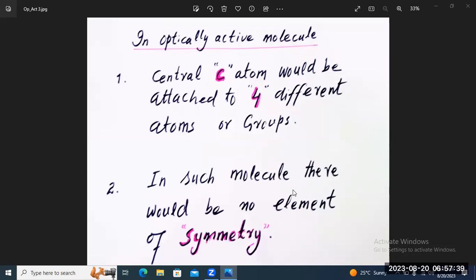As you know, there are different kinds of elements of symmetry, for example, plane of symmetry, center of symmetry, alternating axis of symmetry, etc. In the chiral molecule, or the molecule containing chiral carbon, there would be a lack of any element of symmetry.